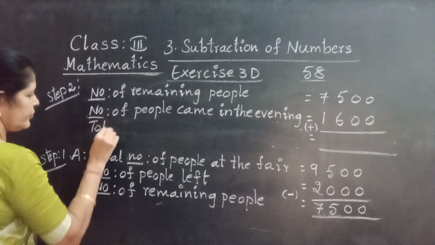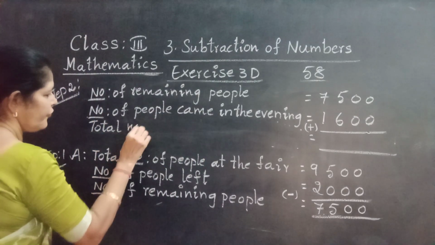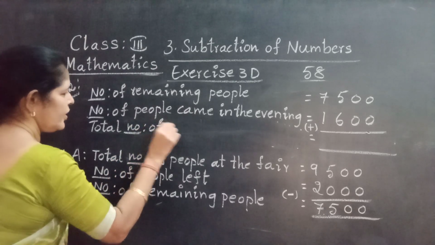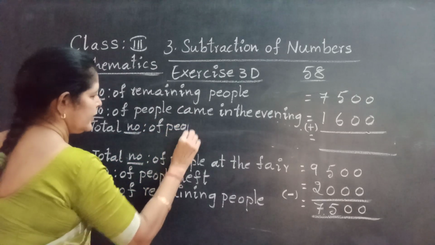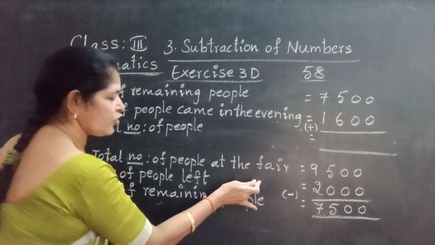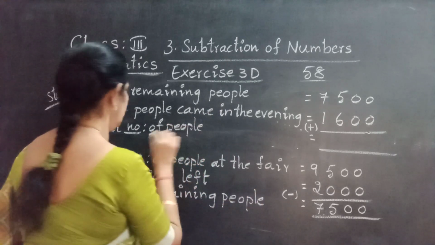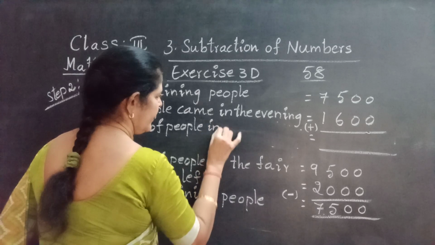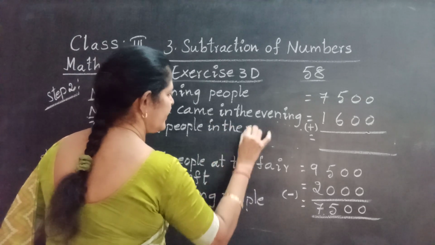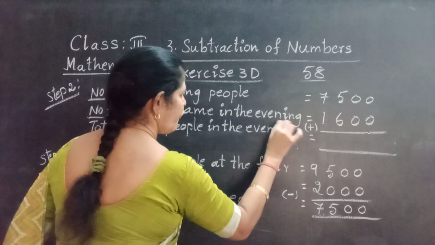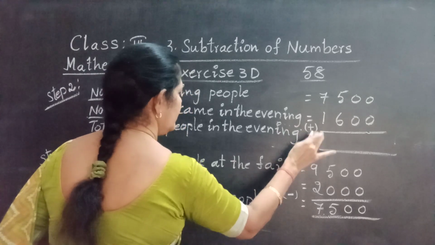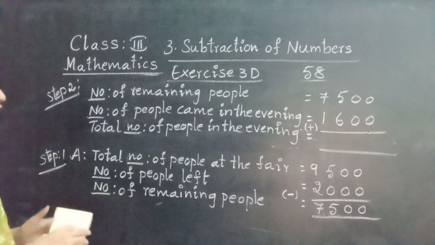Total number of people in the evening. In the afternoon, they went off. In the evening, again they joined. Now find the total number of people at the fair.